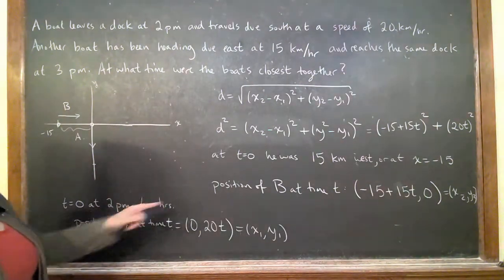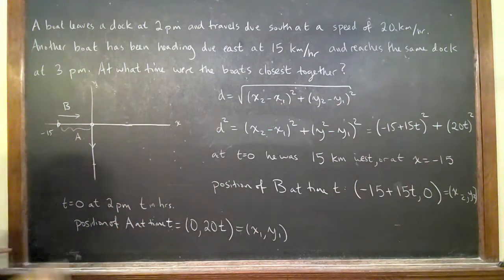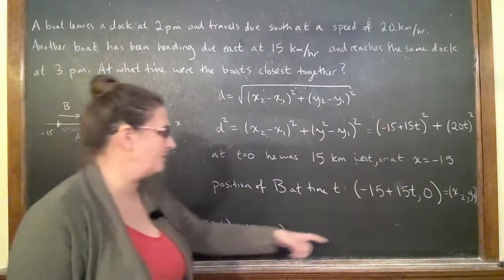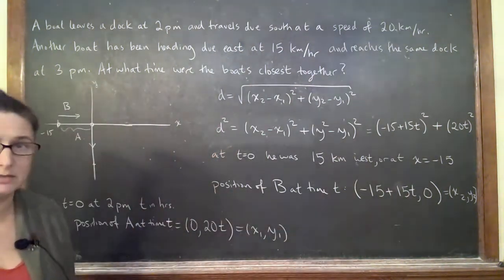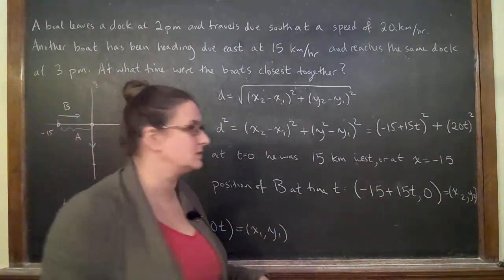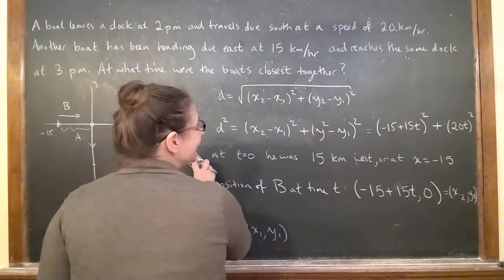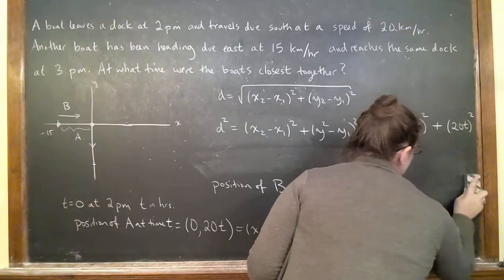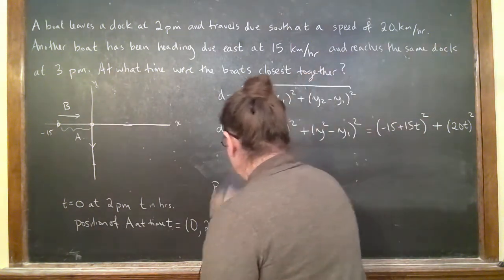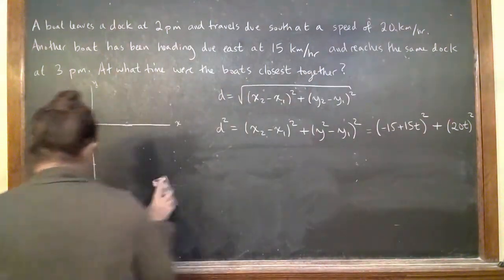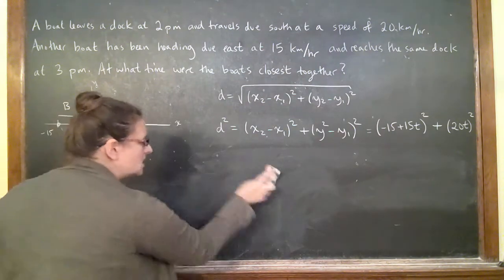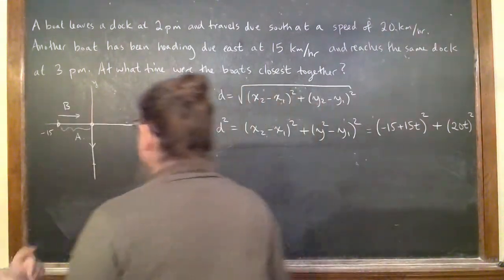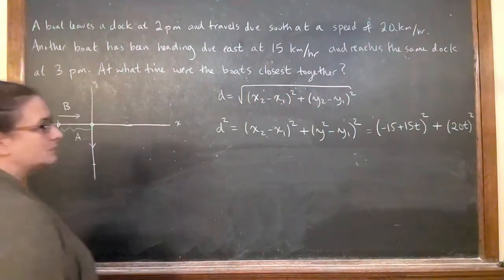But I just wanted to leave this up so you can see A, B, and that we're basically doing a distance formula between these two points at any time t. t then is our variable, because we were able to write both the x and y coordinates of the boats in terms of t.